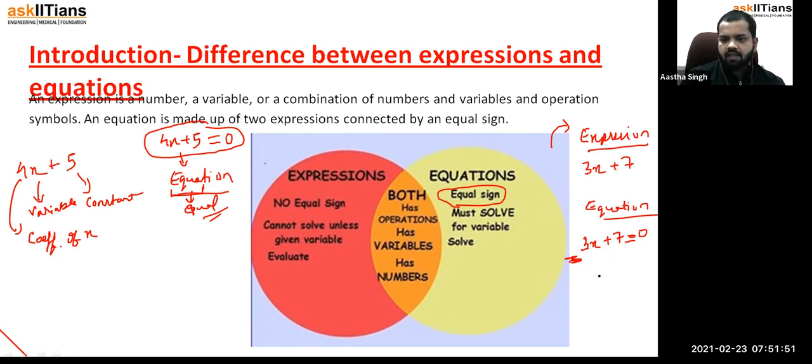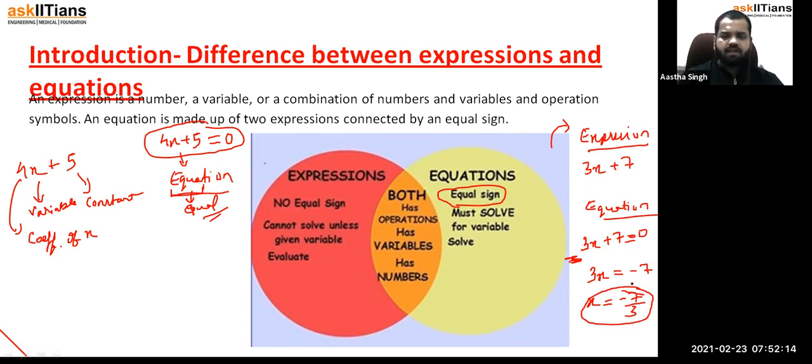Here you can easily say that in equation your 3x will be equal to minus 7. Your plus 7 will go to your right hand side and become minus 7. And x will be equal to minus 7 upon 3. Only and only if equation is there, you can solve it for your variable.